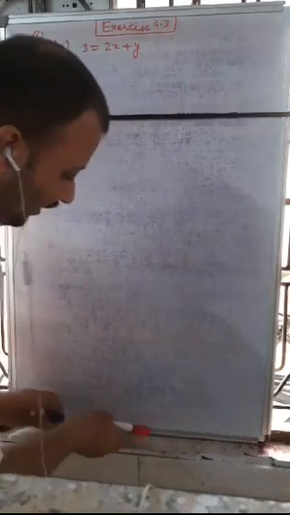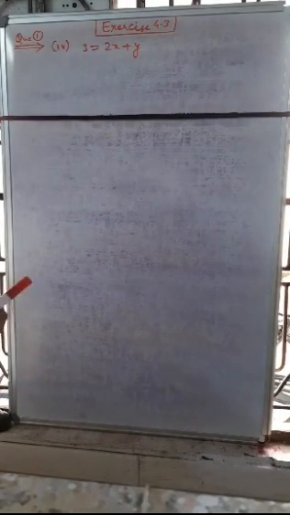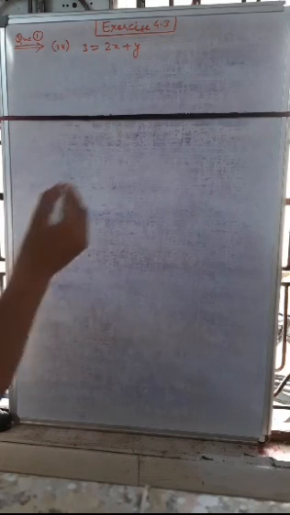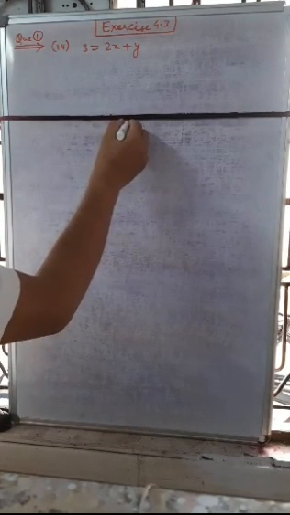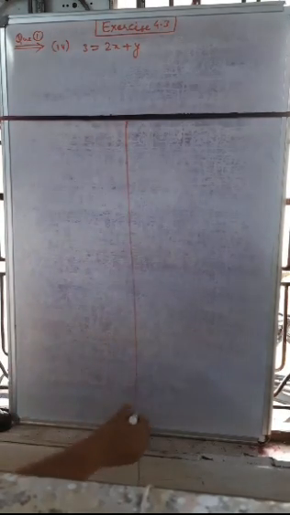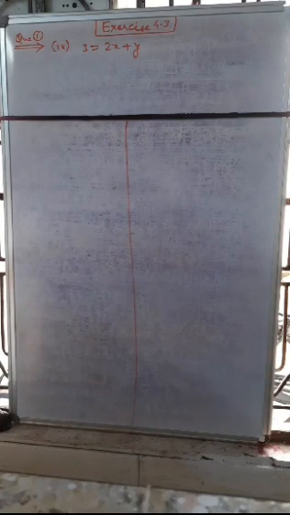You can use graph paper for your practice, or you can draw the graph in your fair notebook using the scale 1 centimeter is equal to 1 unit. So how to draw the graph? First we will have to construct a table of x and y. For this purpose we will solve the question and draw the table. Then after that we will draw the graph.